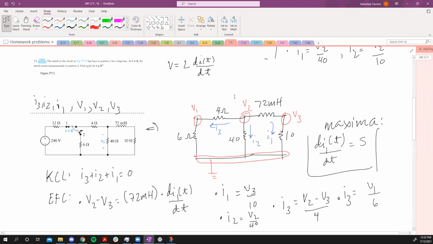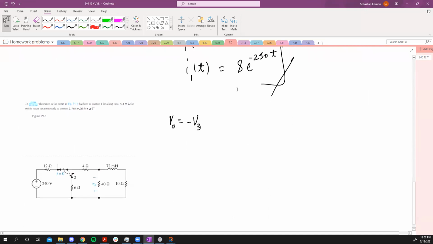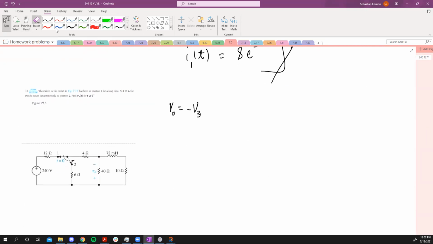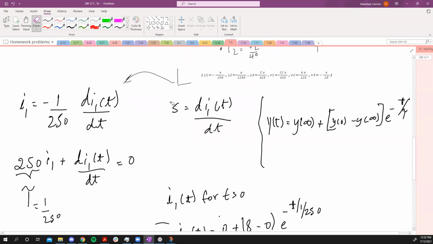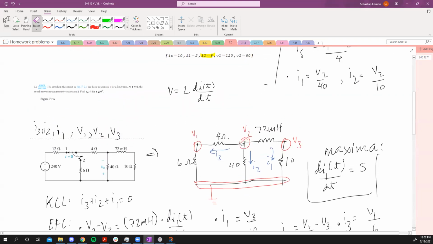It's going to be the sum of the voltage drop with respect to time across the inductor plus the voltage drop across this resistor.